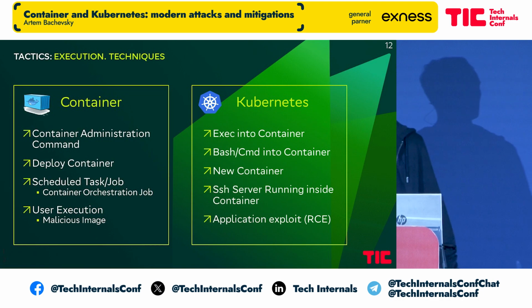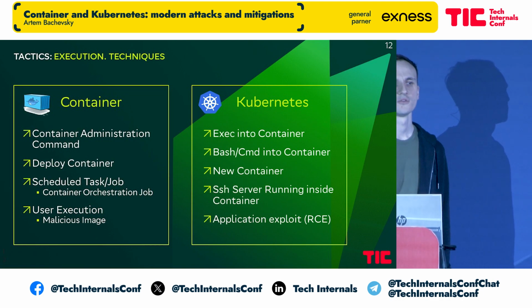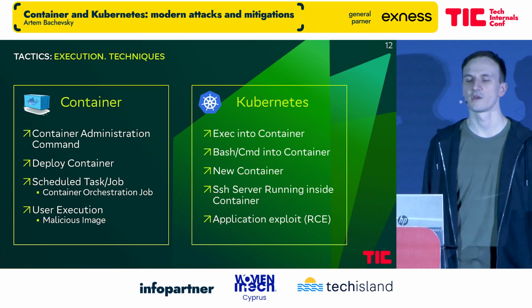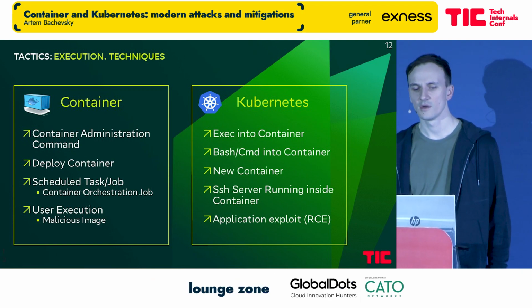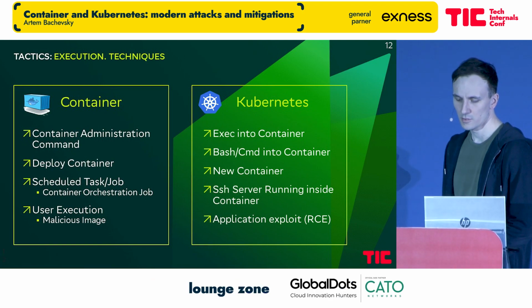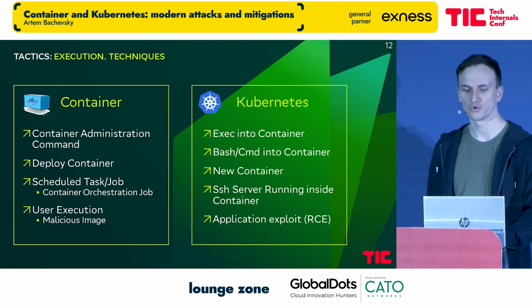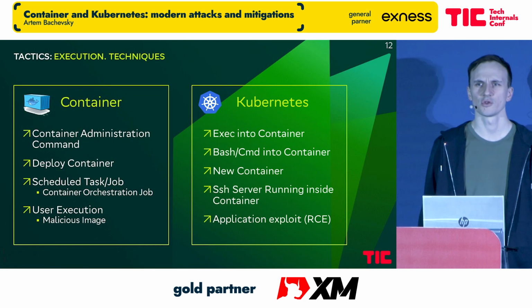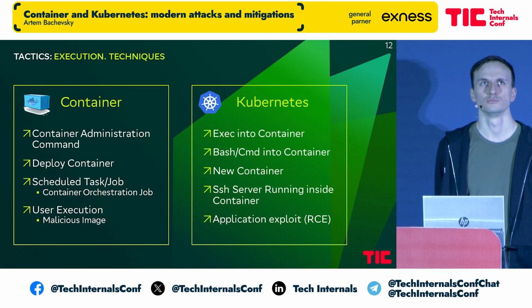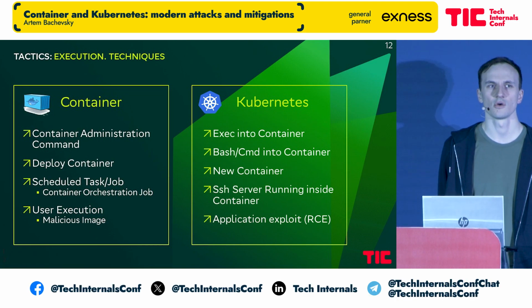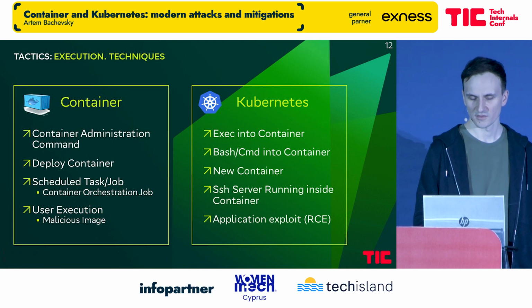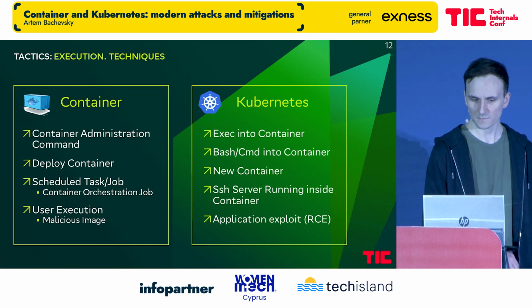Or he could use an SSH server. I don't know why you would use an SSH server inside a container, but anyway, it's also a way to do it. And exploitation of remote code execution, or something like code injection or system injection, could also help the adversary execute malicious code.